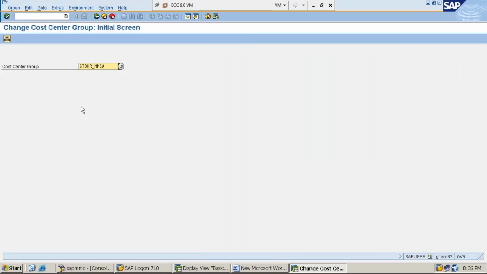Right. So see here, STDHR underscore MMCA is already selected by the system. Observed? Yes. Right. So press enter.